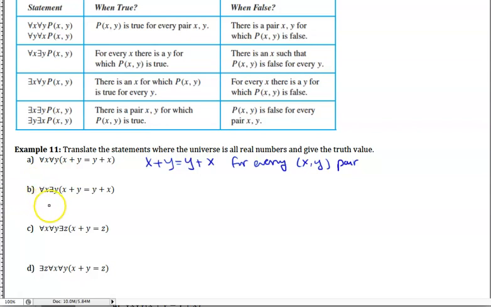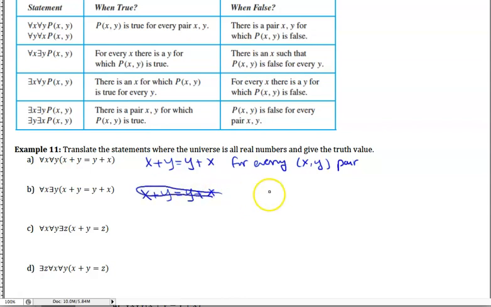Okay, let's look at B. So in this one, the universal comes first and then the existential. So this says for every x, there is a y such that x plus y is y plus x.